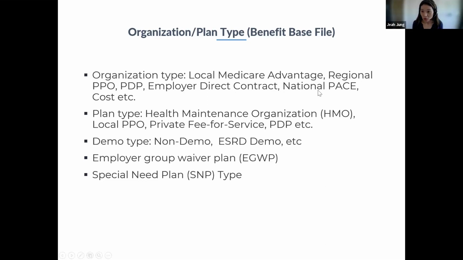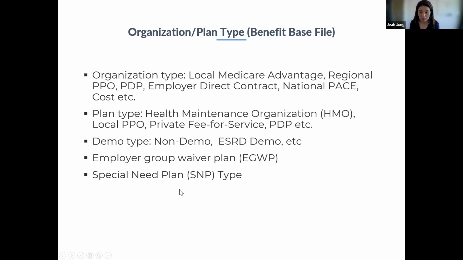And you can select out national PACE and cost plans. Then plan type: if you are a local MA plan, a local managed care organization, you can still be HMOs or local PPOs or private fee-for-service or something. So plan type has additional information. And then demo type versus not a demo plan, and EGWIPs and SNP.